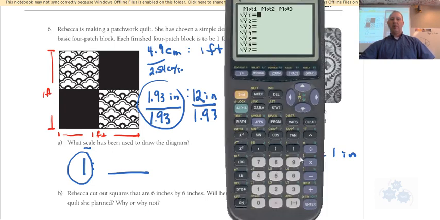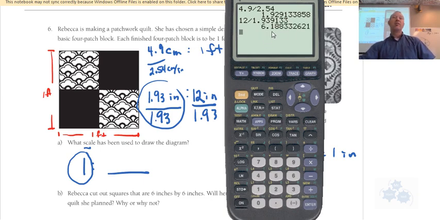So just so we have both calculations up here, I'll just clear the screen. I'll put everything up here that we've done so far. So 4.9 divided by 2.54 is 1.93. 12 divided by 1.93 is 6.18, or 6.2. Did you guys get that?